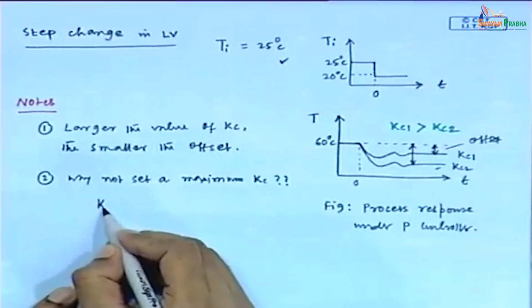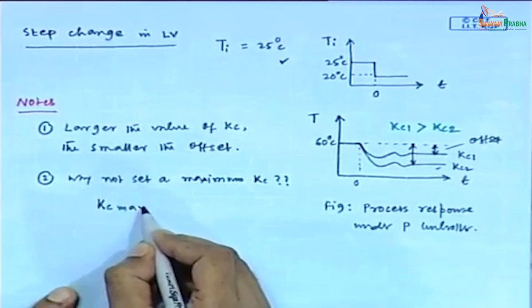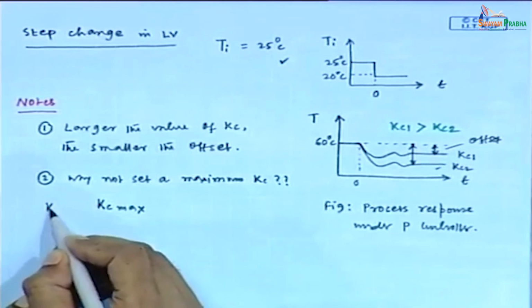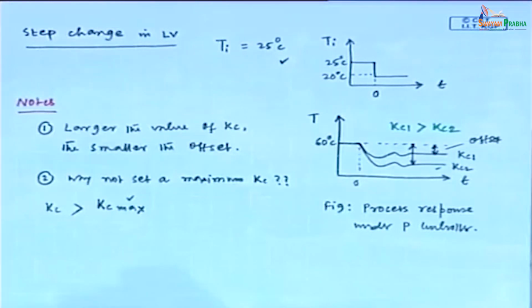For most of the chemical processes there is a maximum value of Kc that we can represent by Kc max. If we consider Kc greater than Kc max, then the process goes unstable. There is a high probability of instability problem.